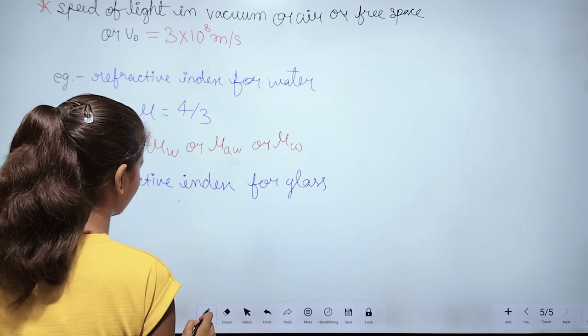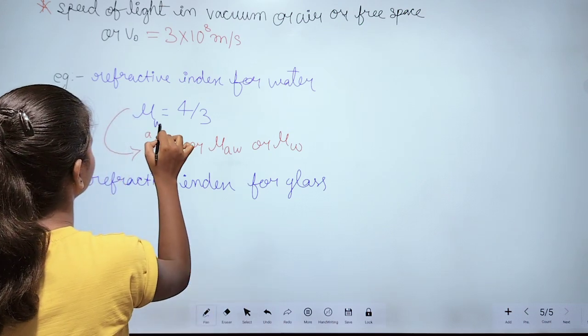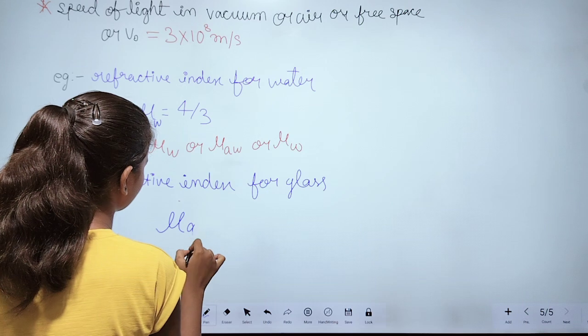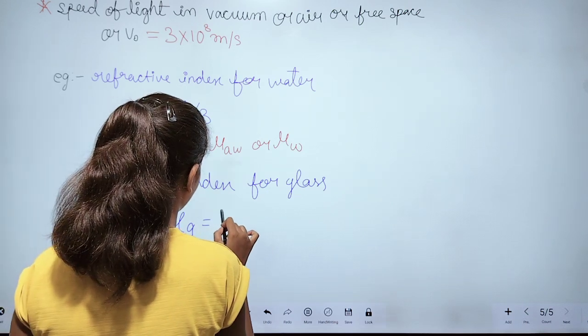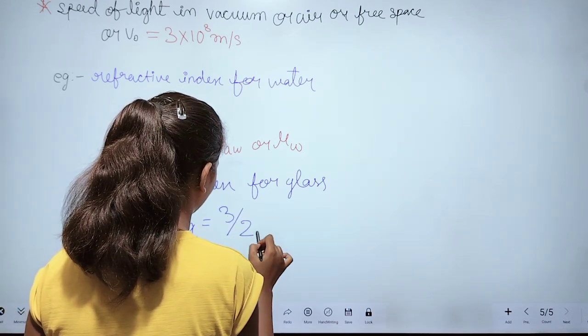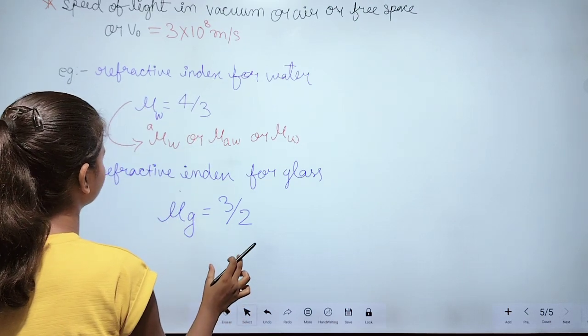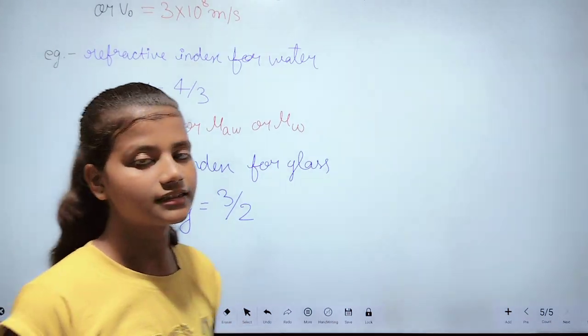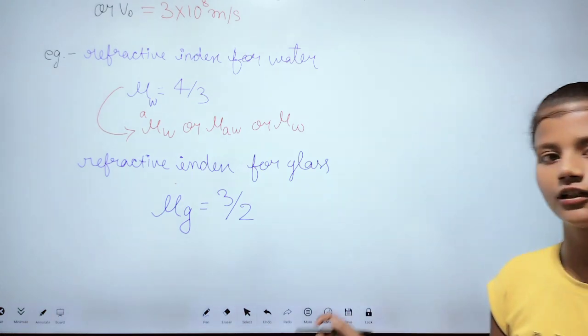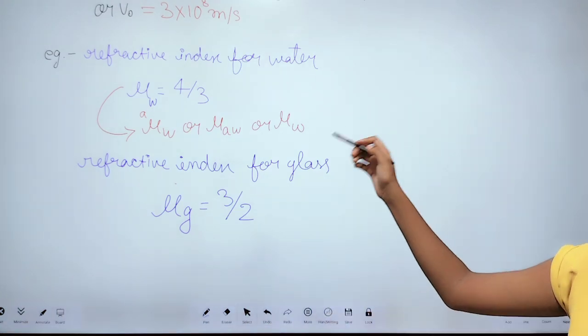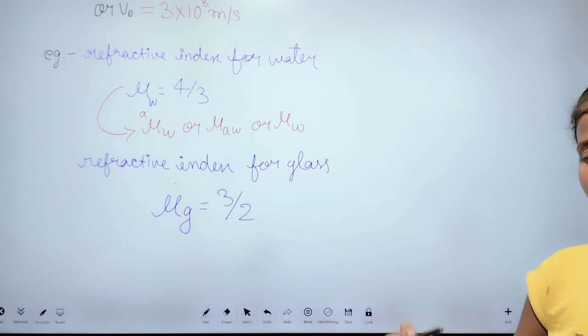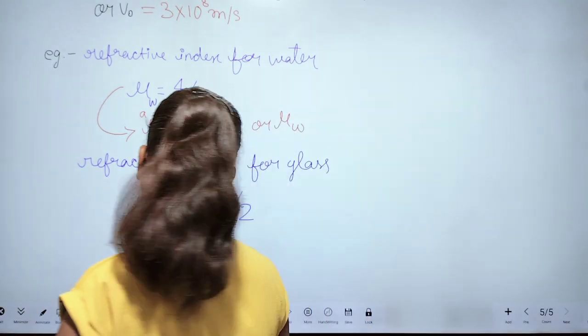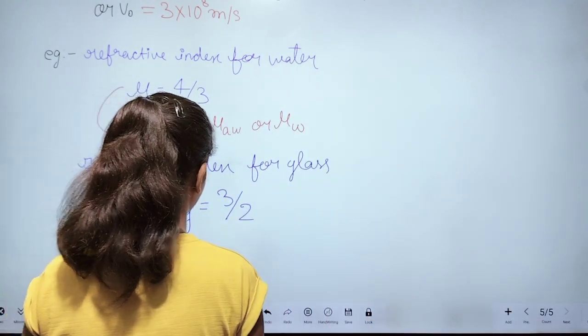Mu g is equal to 3/2. Refractive index for glass, mu g is equal to 3/2, and refractive index for water, mu w is equal to 4/3. You have to learn this.